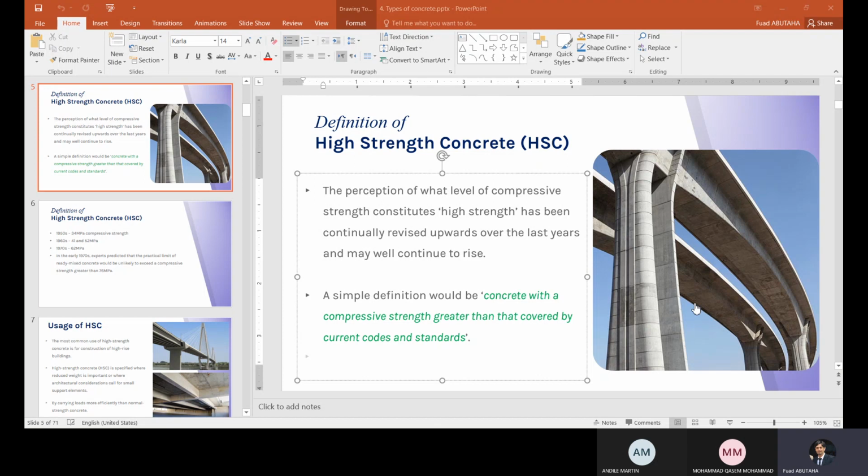Yes, we have a workability problem, but we can solve it by adding superplasticizer, so we achieve the workability while having a low water to cement ratio.